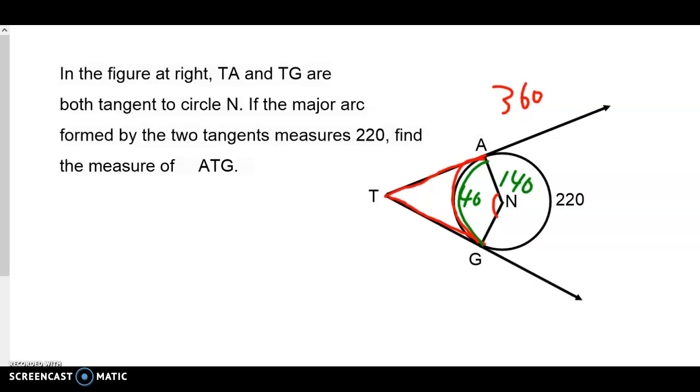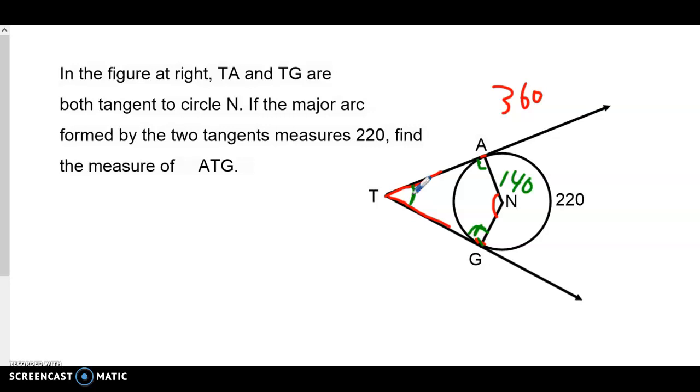After we know this is 140, we also know this is perpendicular, because the tangent and the radius are perpendicular here. We want to find the measure of angle ATG, which is this angle. As we learned, the sum of a quadrilateral is 360.